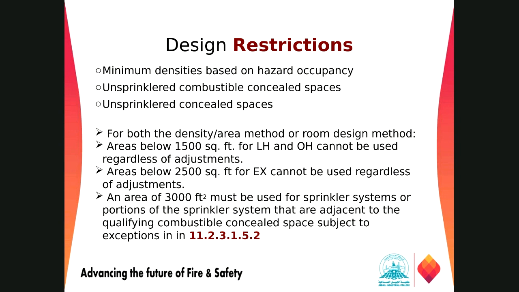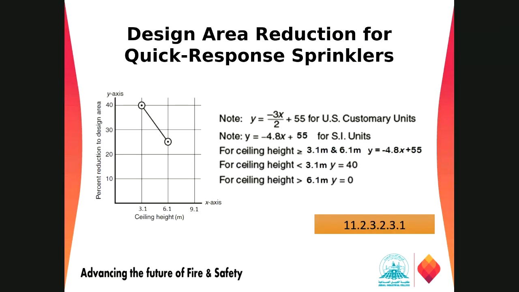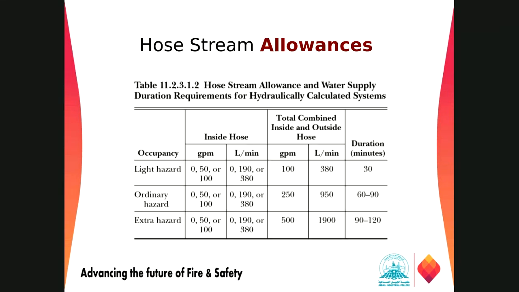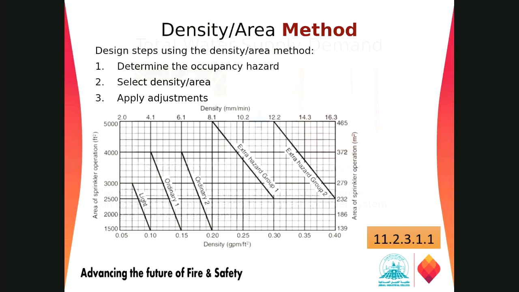What they are trying to say is, going back to this density curve, here we have a minimum of 1500 square feet with 0.10 GPM per square feet.